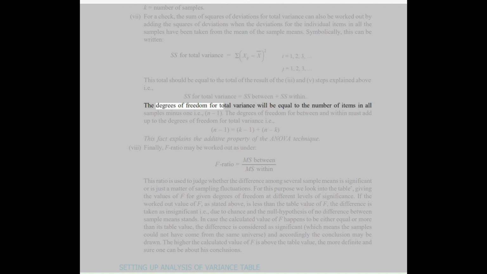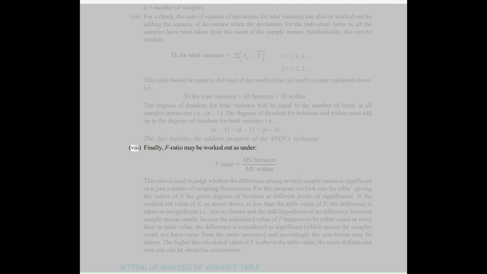The degrees of freedom for total variance will be equal to the number of items in all samples minus 1, i.e., n minus 1. The degrees of freedom for between and within must add up to the degrees of freedom for total variance, i.e., n minus 1 is equal to k minus 1 plus n minus k. This fact explains the additive property of the ANOVA technique.